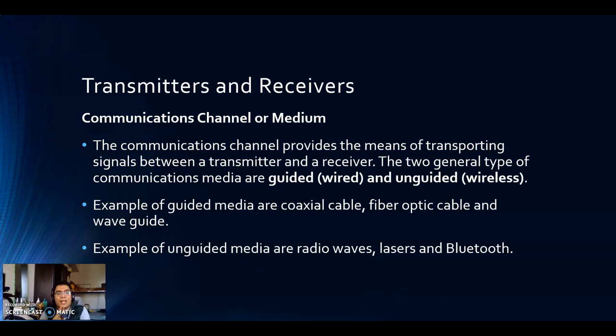The difference is that guided is wired, whereas unguided is wireless. Examples of guided media are coaxial cable, fiber optic cables, and waveguide, whereas examples of unguided or wireless media are radio waves, lasers, and Bluetooth.